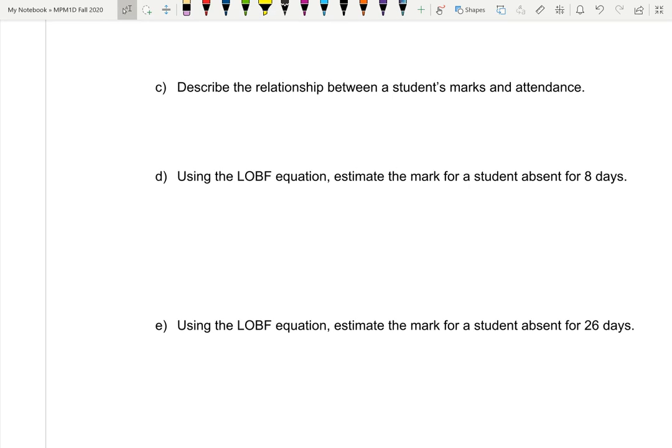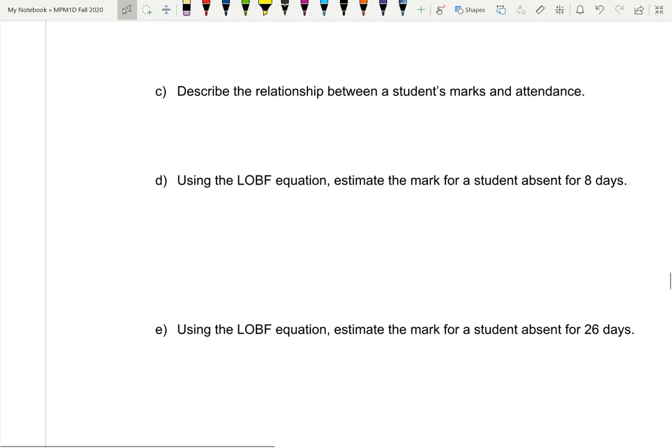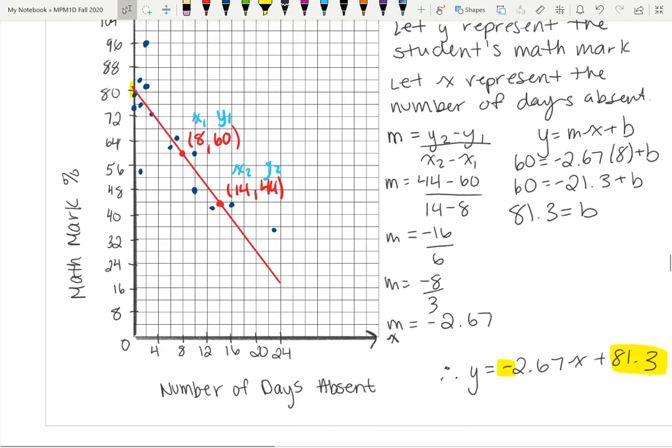Describe the relationship between the student's marks and attendance. We can read the graph and determine that as the number of days absent increases, the student's mark decreases. And that's how we get that negative slope.